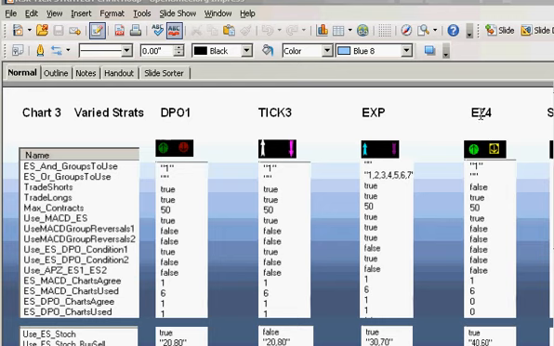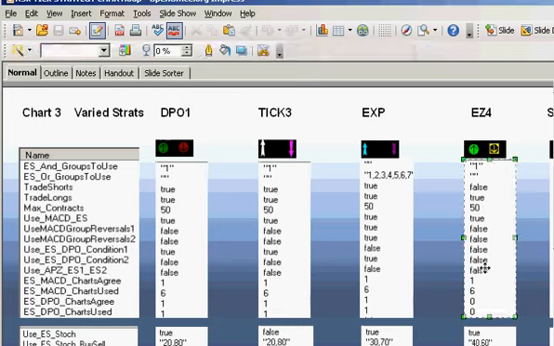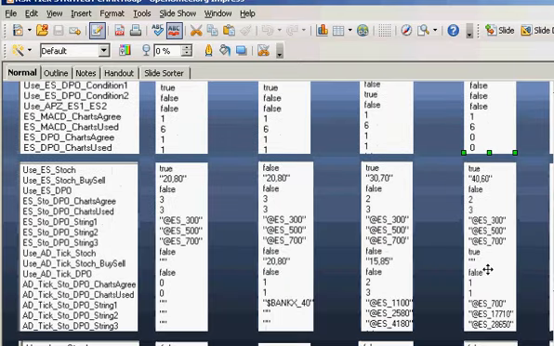Okay, now let me show you what the settings are for that particular trade. This is the easy 4 strategy. We are not using group reversals on this strategy. We're just looking to go long, and we're filtering that with both stochastics, crossover, as well as overbought, oversold zone, using these first 3 tick bar intervals, 2 out of 3.